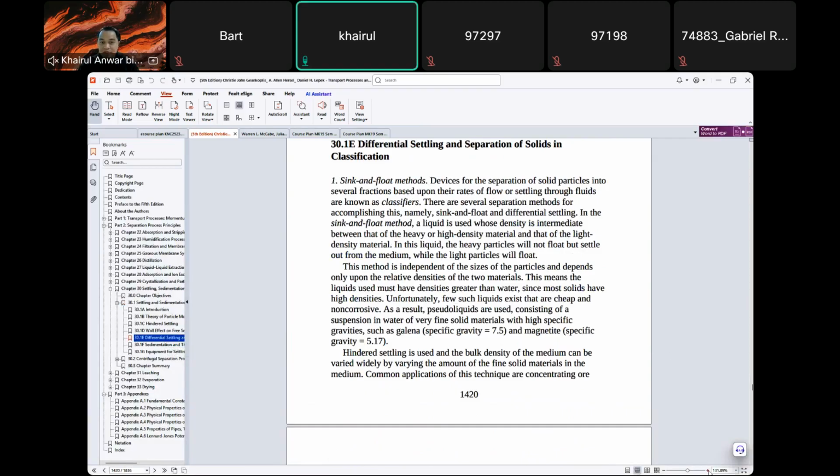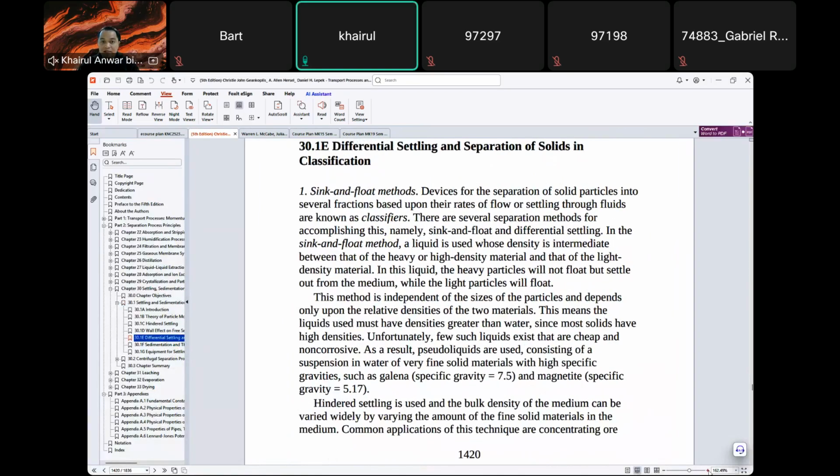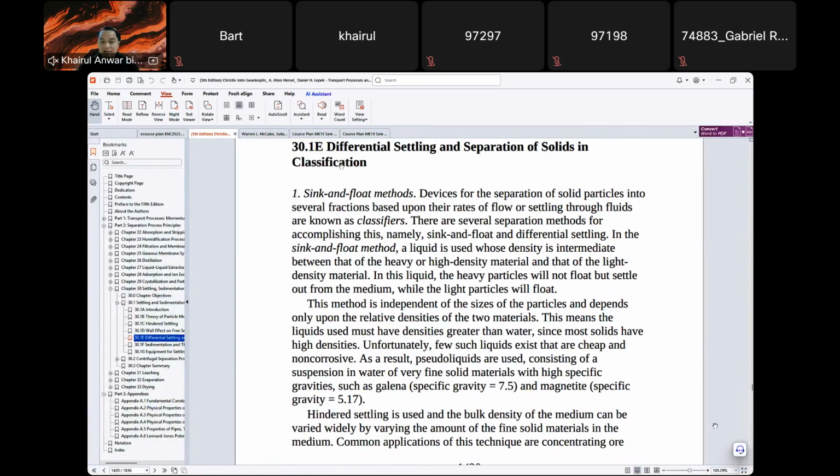Now you refer to the books. Differential settling and separation of solids in classification. Sink and float method.